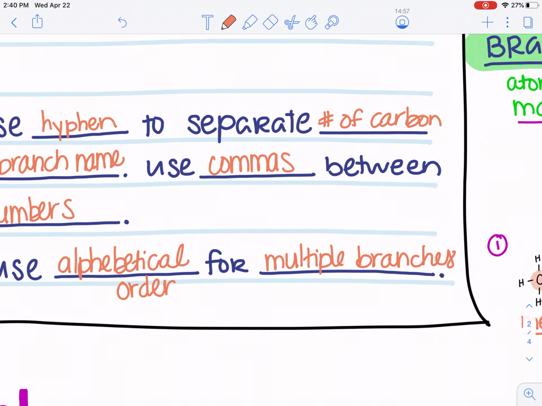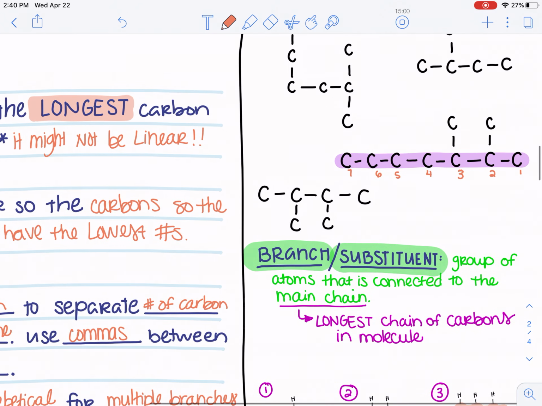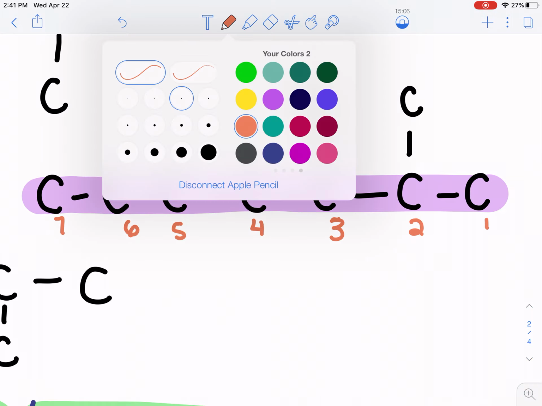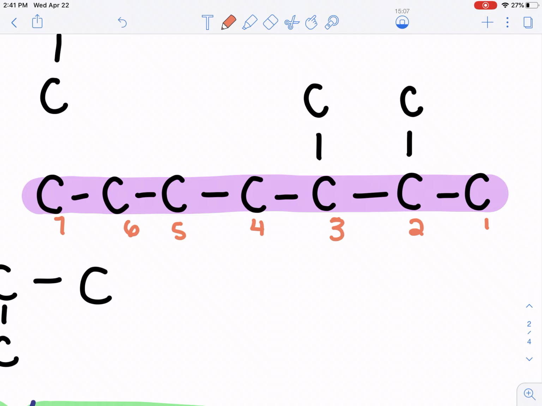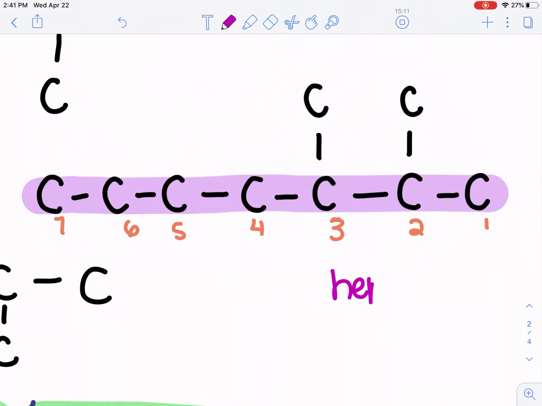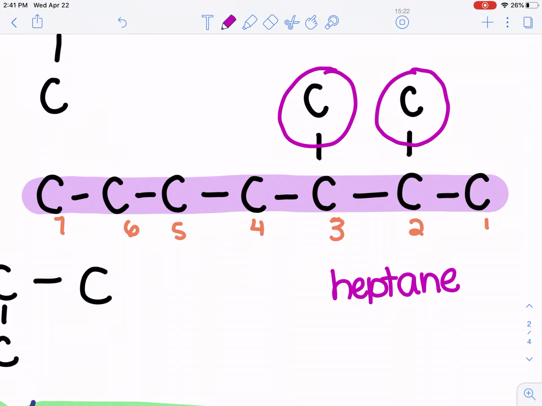Okay, let's see what some of these things actually look like. Okay, back here. I'm going to name my longest chain. So my longest chain is 7, which means I have heptane. And then I have branches. I have a methyl on the second carbon and a methyl on the third carbon.